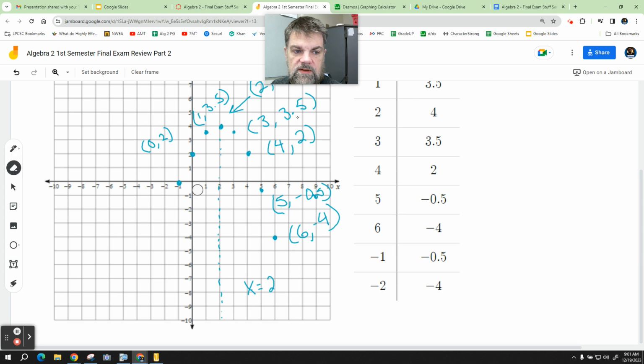Whoops, and I wrote that in the wrong spot. It's negative 1, negative 1/2. So it'd be right here. Negative 2 is negative 4, which will go about right here.